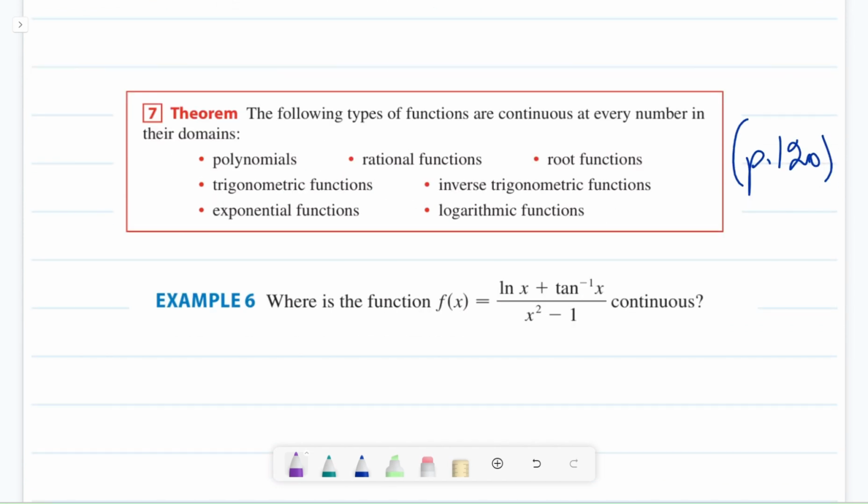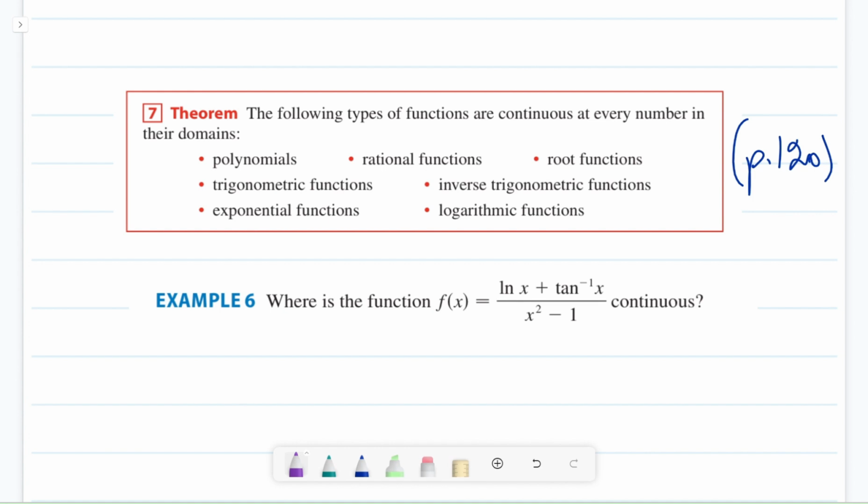Now the following types of functions are continuous at every number in their domains: polynomials, rational functions, root functions, trigonometric functions, inverse trigonometric functions, exponential functions, and logarithmic functions.